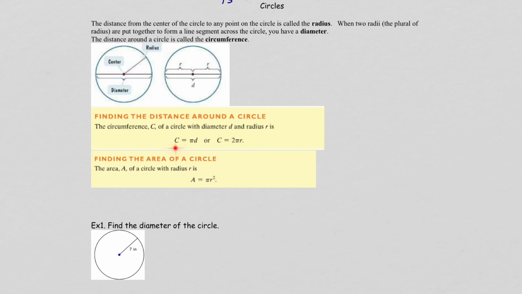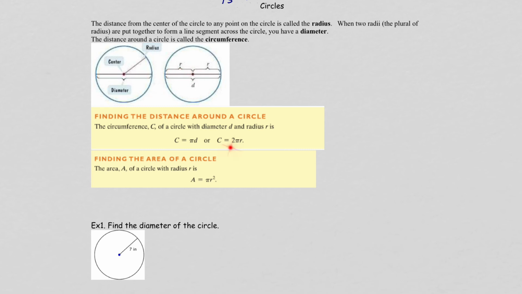So circumference, if it gives you the diameter, which is from one end of the circle to the other end, right? So if this is given, you're going to do pi times d. Or if the radius is given, radius is the center to the circle, right?